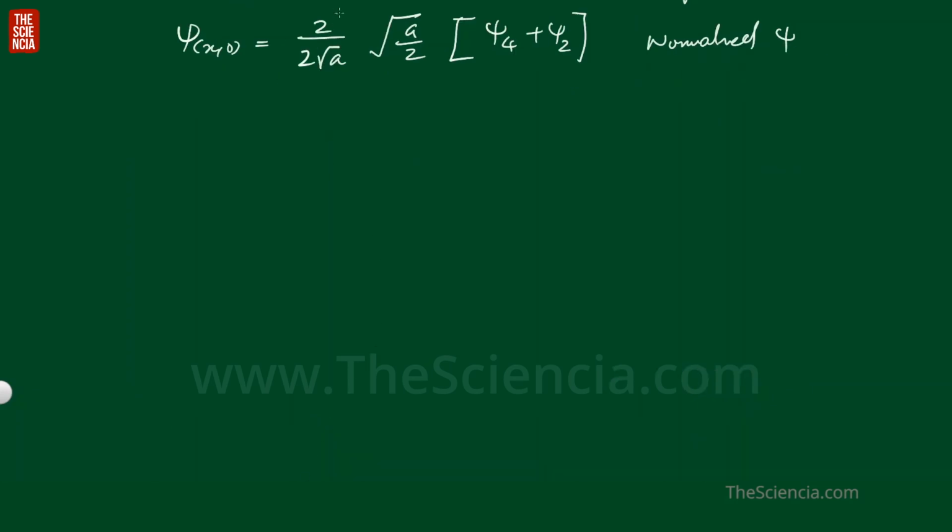See, here we can cancel this 2 and 2 and root 2 and root 2. So finally we will get psi of x0 is equal to 1 by root 2 into psi 4 plus psi 2. So this is the wave function at a time t equal to 0.